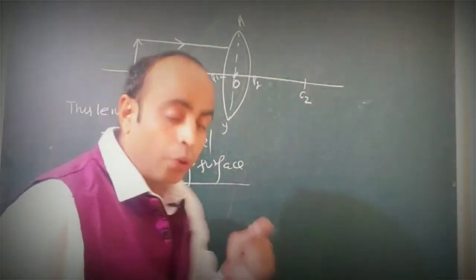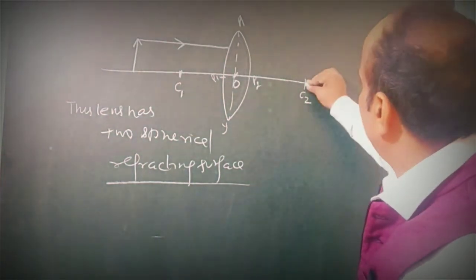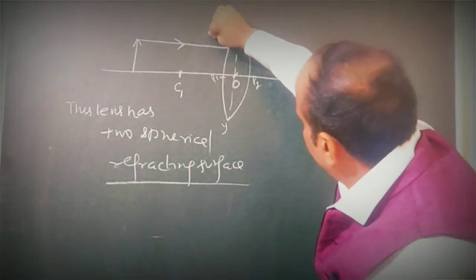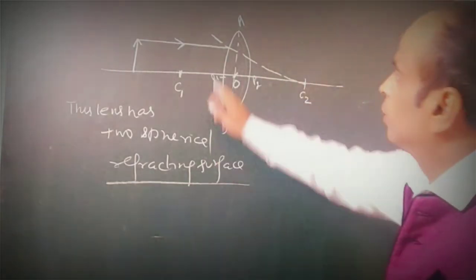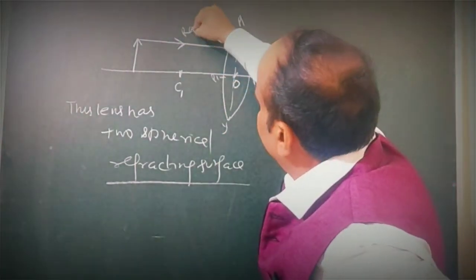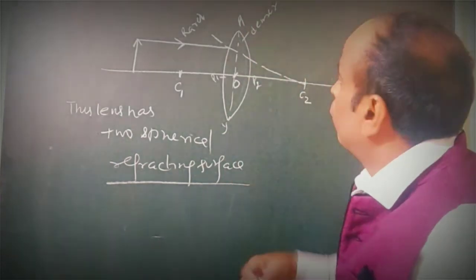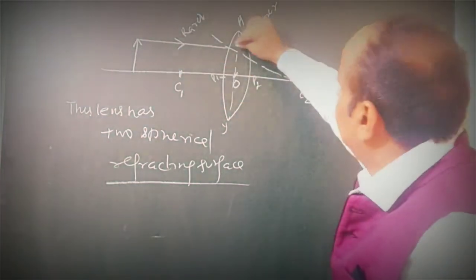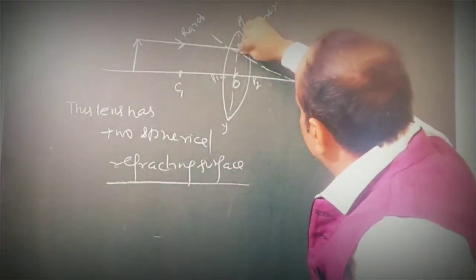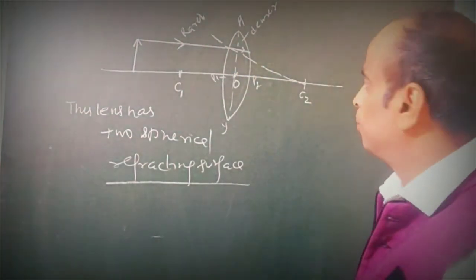Then how can you draw the ray diagram, we will learn here. You just draw a normal at this particular point from the center of curvature. Dear students, this medium is a rarer medium and this medium is a denser medium. Now what happens when a ray of light travels from a rarer medium to a denser medium? It goes towards the normal. The path of the ray is like that in this optically denser medium.